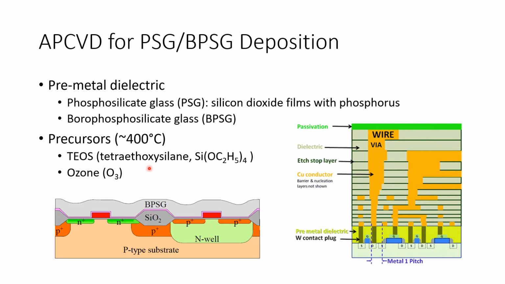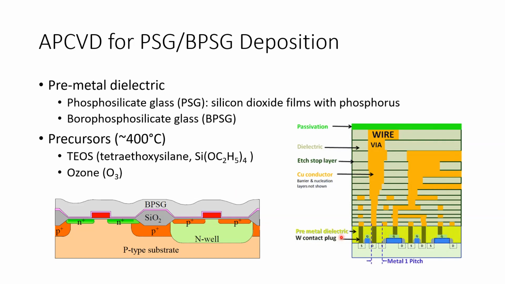To provide silicon. And of course, we can introduce phosphorus and boron to make PSG or BPSG. So use either PSG or BPSG. This is the pre-metal dielectric.